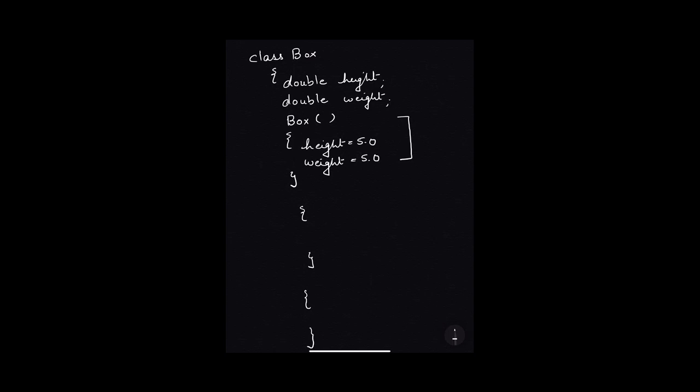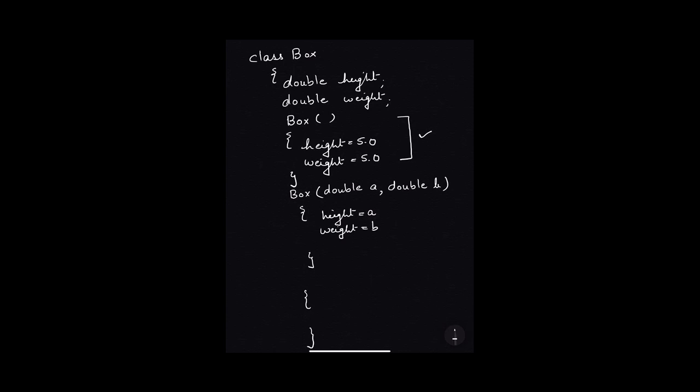For example, in my program where I have taken a class box, I already had a default constructor. Let me write a parameterized constructor for this program. Let me say that there are two variables A and B which I'm going to assign to height and weight.